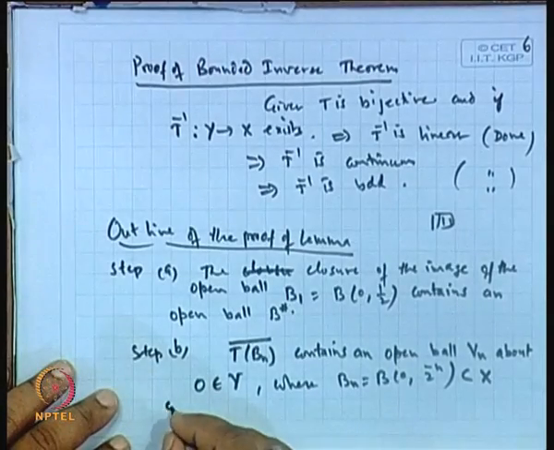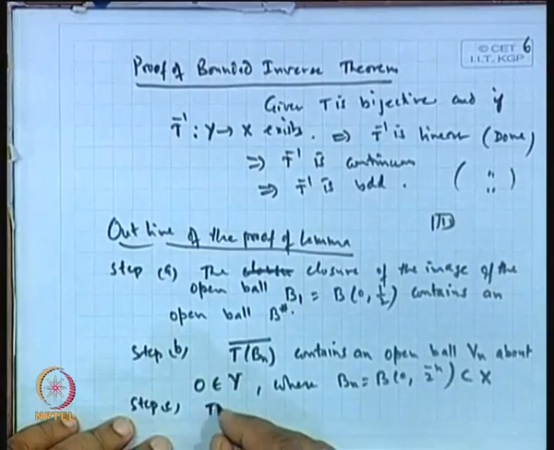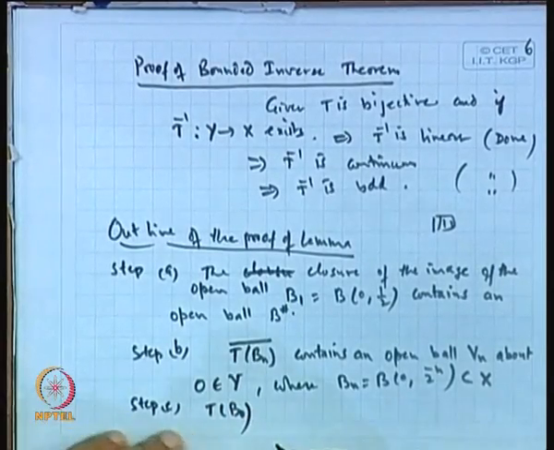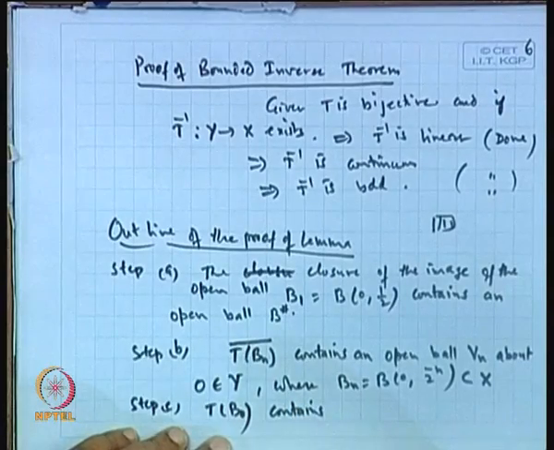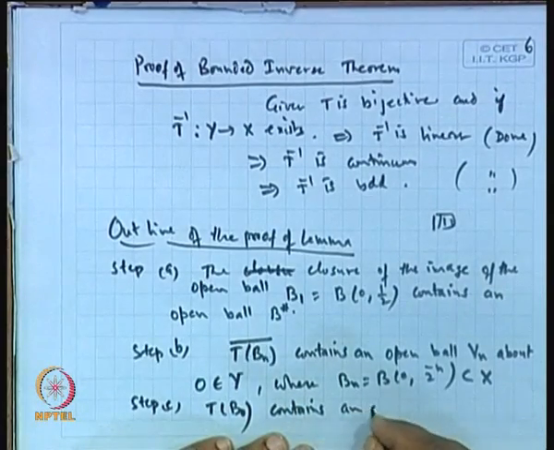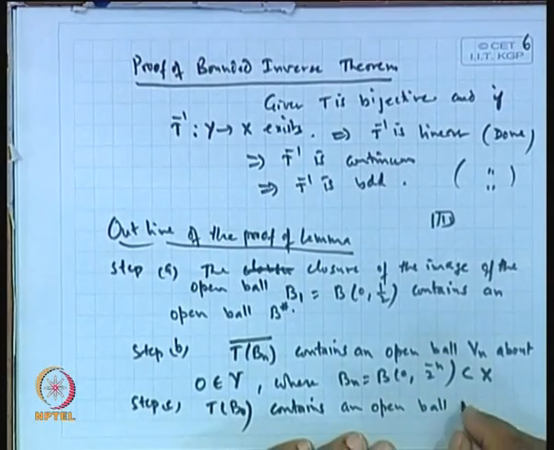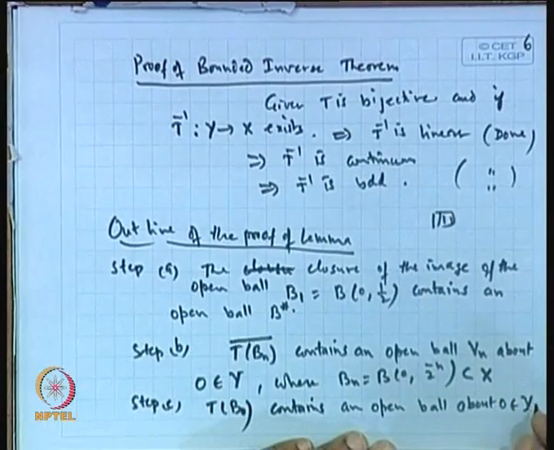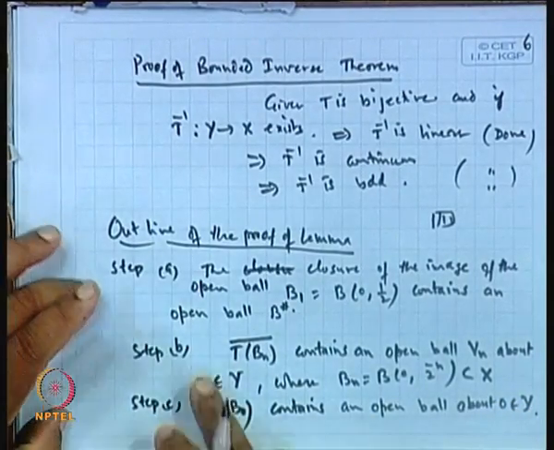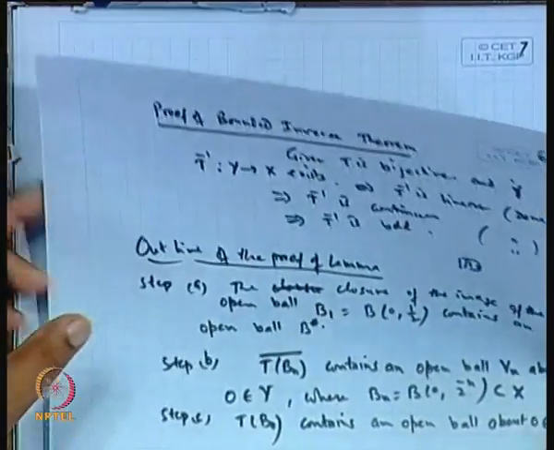And third, finally, the image of this ball B naught under T contains an open ball about 0 belonging to Y. So, these will be the steps in proving the lemma. Let us see the details, the proof of these steps.